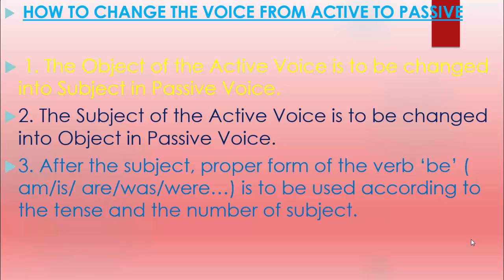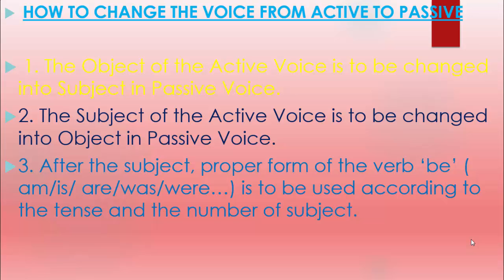Next, the third rule is that after the subject, proper form of the verb be, is, are, was, were is to be used according to the tense and the number of subject.